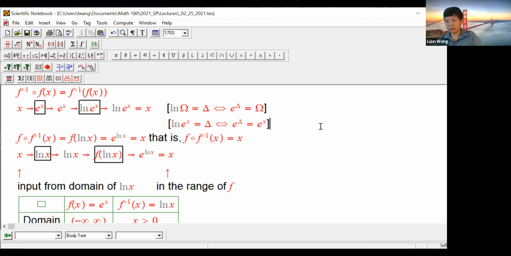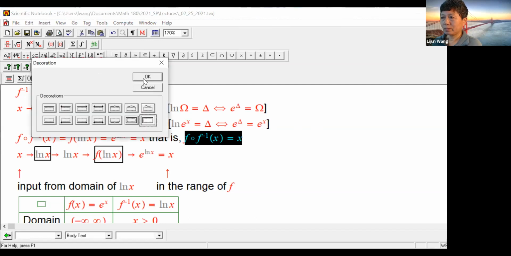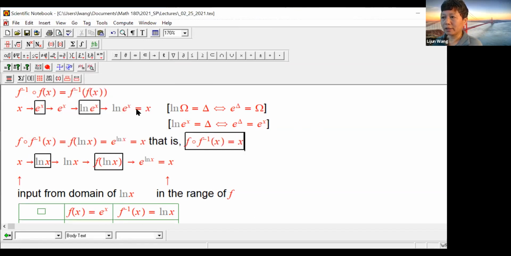All right. So now what do we got? We got this earlier. And now what do we get here? We switched the f inverse and f, right? And what do we get here? We got ln e to the power x in this case, because this is e to the power x.